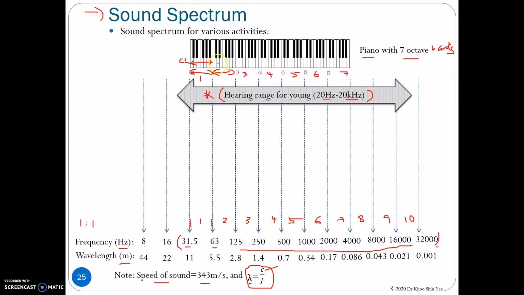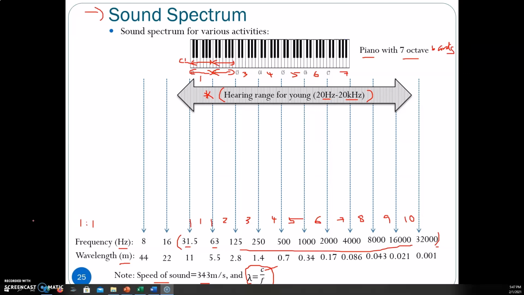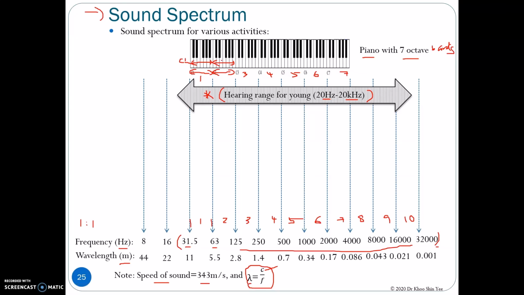Let's continue to play the piano at the next octave. You should be able to listen and recognize that the sound has the same rhythm as the previous piano notes. However, the frequency is slightly increased. Let's continue to play the piano notes for the next 3 octave bands here.